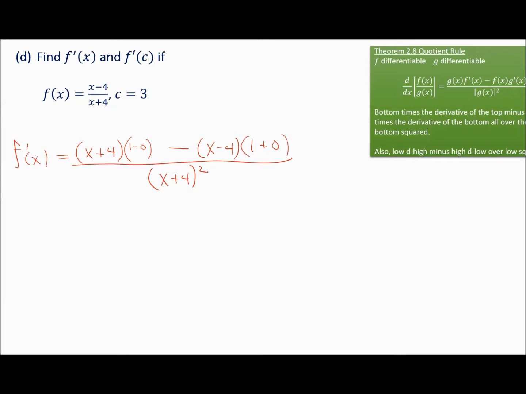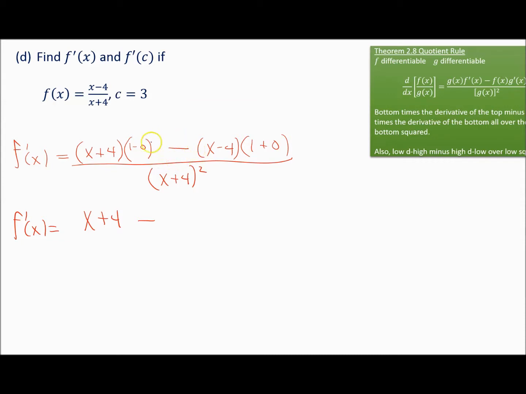Then y'all, it's all about simplifying. So f prime of x is equal to, now this is just 1, so x plus 4 times 1 is x plus 4, minus, okay, now that's 1 also, so I would distribute that if it weren't just 1. But hey, you got to distribute this minus right here. The product rule had a plus in it, so less chance for error.